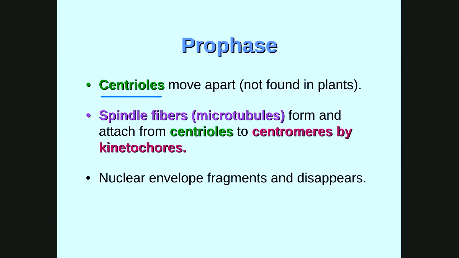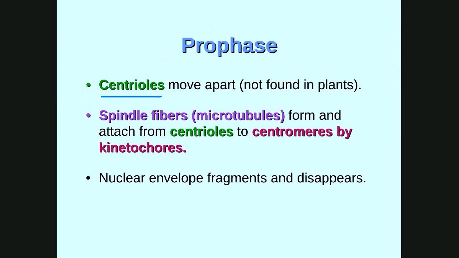There are two centrioles, they separate from each other, and one goes to one part of the nucleus and the other goes to the other part, from where they emit new microtubules known as spindle fibers, which connect the centrioles with the centromere.